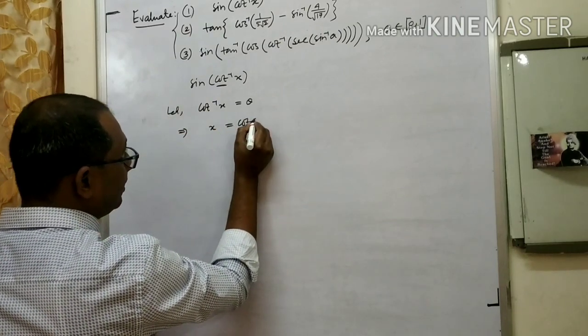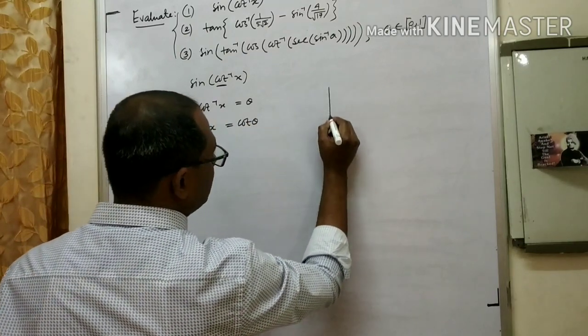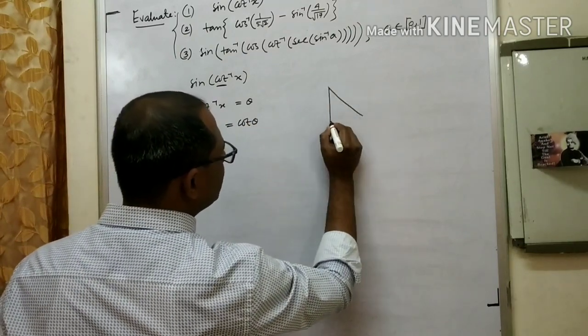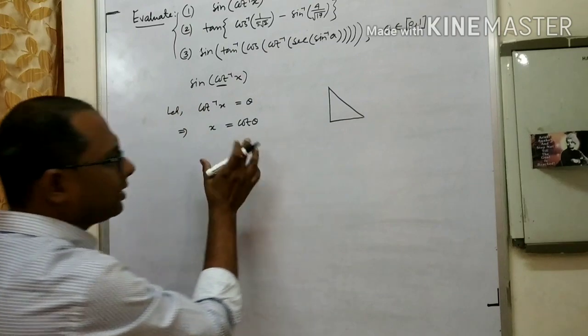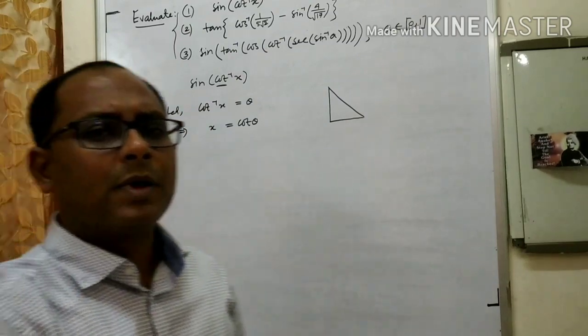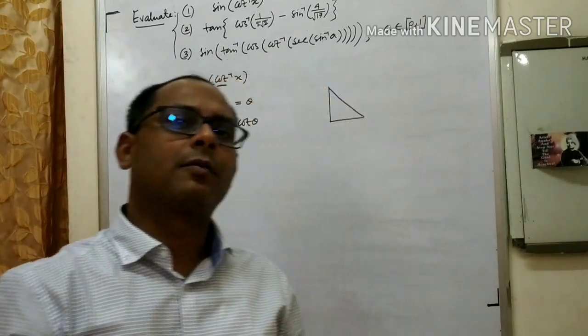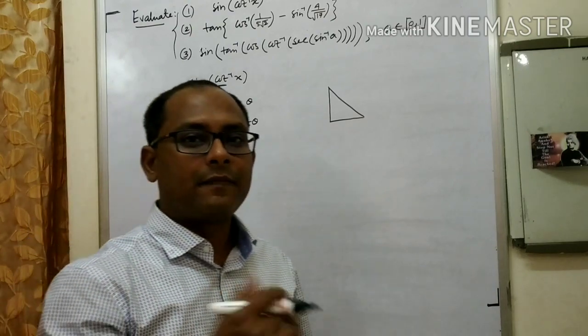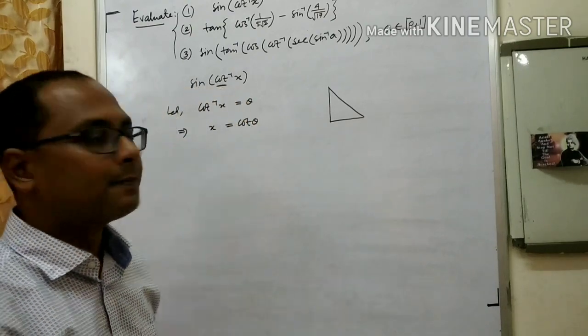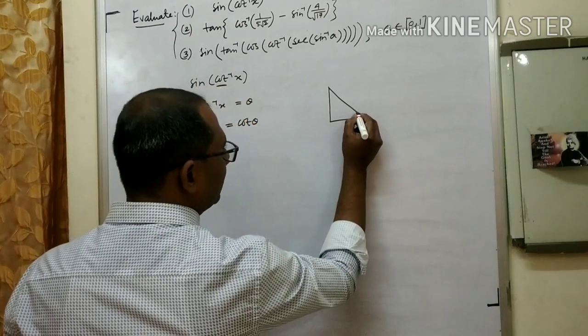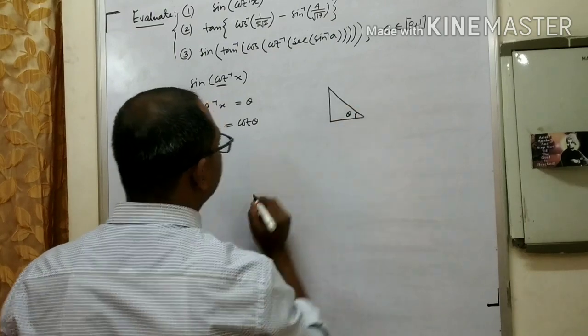So we'll take the help of Pythagoras theorem, because these are nothing but angles of trigonometric functions, so they are definitely coming out of a right angle triangle. So we'll take one of the acute angles as theta.